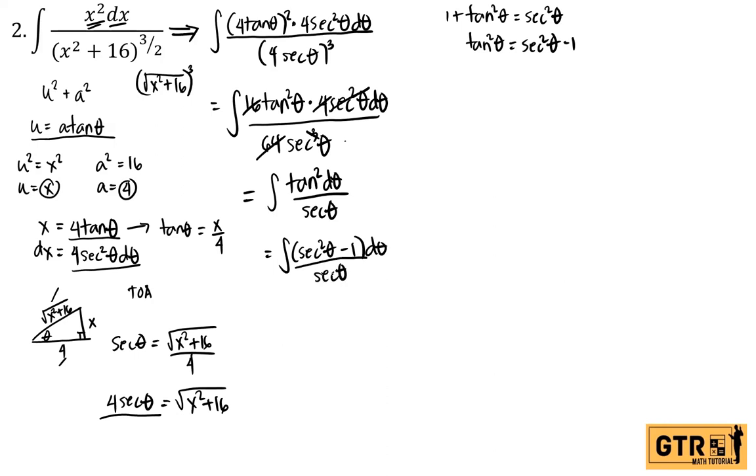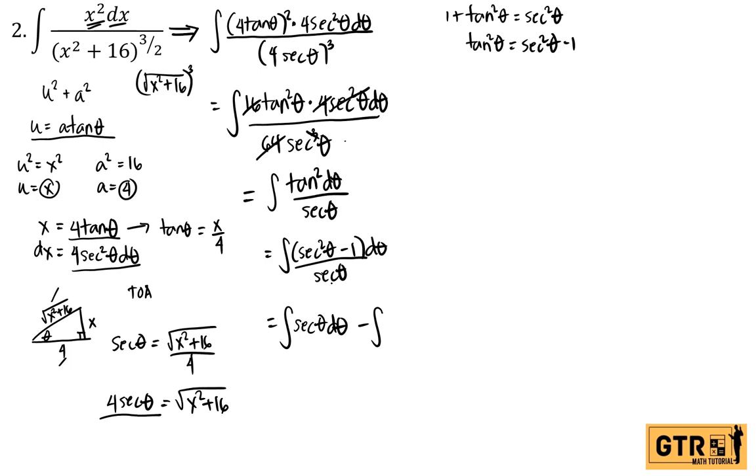Divide both terms by secant theta and distribute the integral sign and the d theta. We have the integral of secant squared theta over secant theta; just subtract 1 from the exponent, canceling one secant theta in the denominator. So we have secant theta d theta, minus d theta over secant theta.